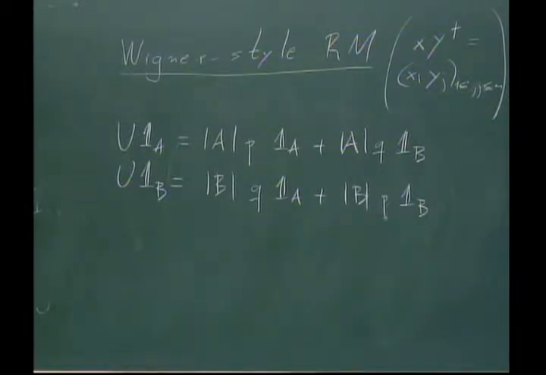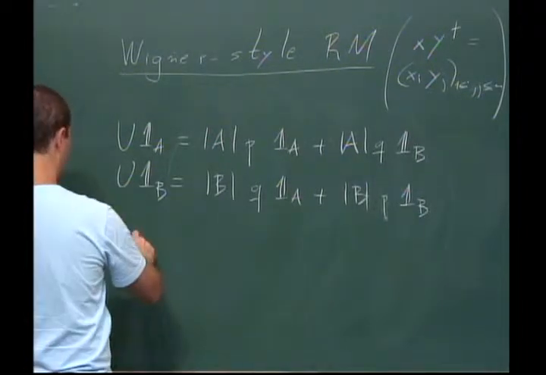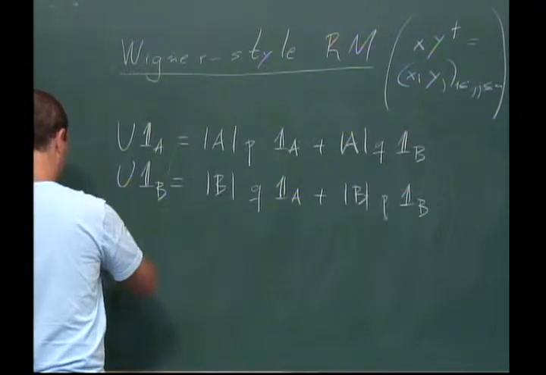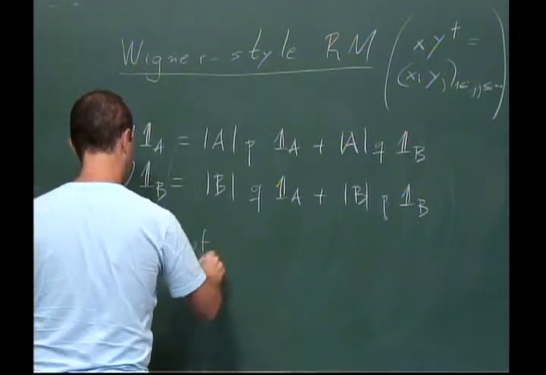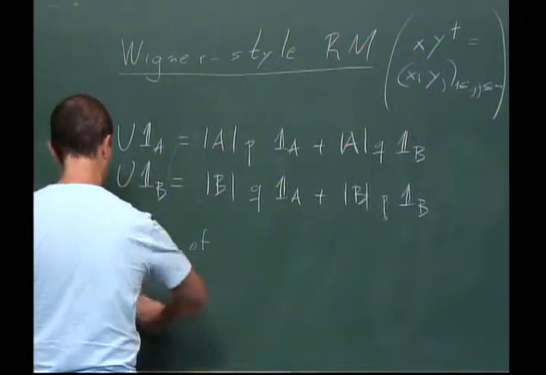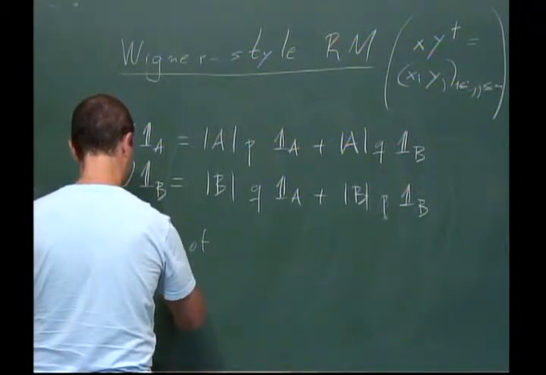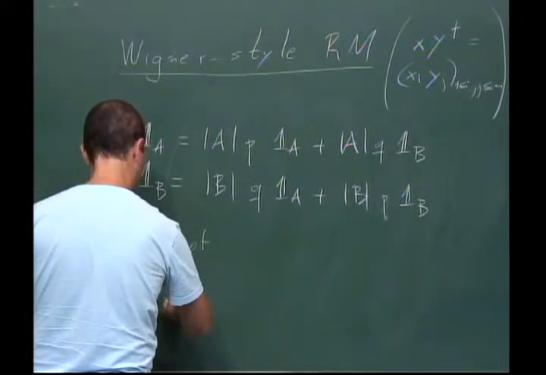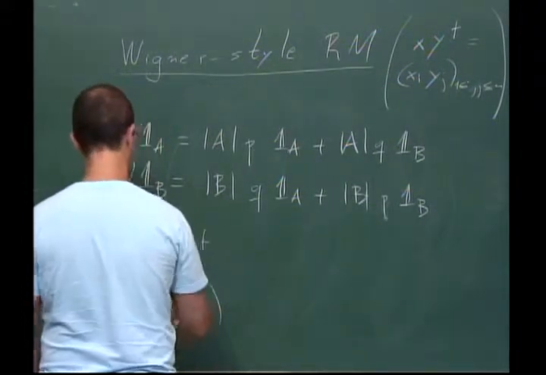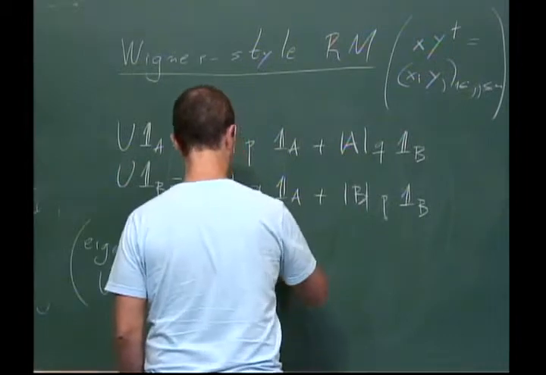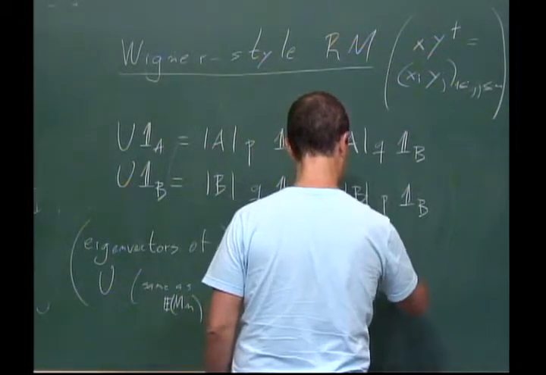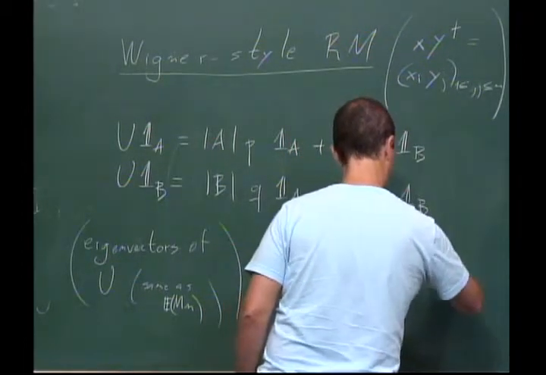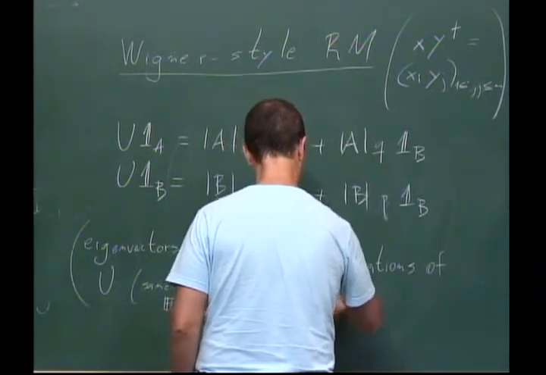Here I'm assuming that everything's in a nice block form, but even if it isn't, you can very easily check that the eigenvectors of this matrix U, which are the same as those of the expectation of Mn, are combinations of the indicators of A and indicators of B.